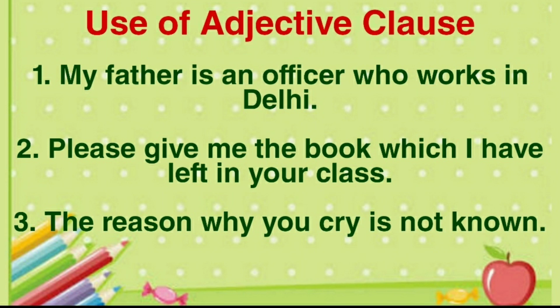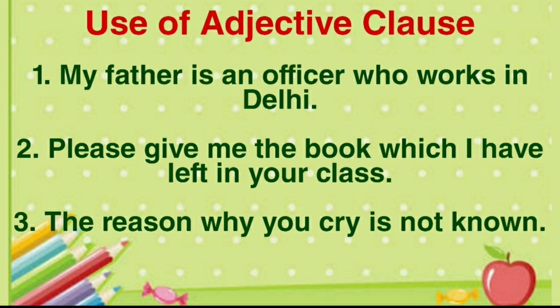In example number 1, my father is an officer who works in Delhi. You see, who works in Delhi is the subordinate clause, as we have already discussed earlier. And this subordinate clause, who works in Delhi, adds some more meaning, it says something about an officer, which is a noun.